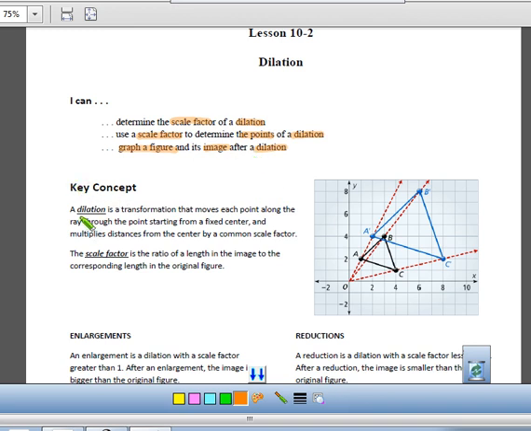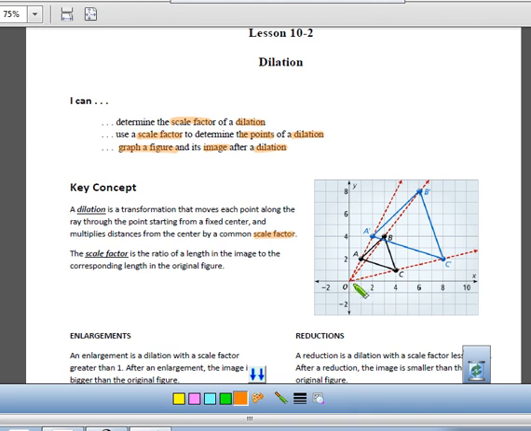The key concepts: a dilation is a transformation that moves each point along the ray, there's a vocabulary word that we need to talk about, through the point starting from a fixed center, and multiplies distances from the center by a common scale factor. And you've heard that word or phrase used a lot, scale factor.